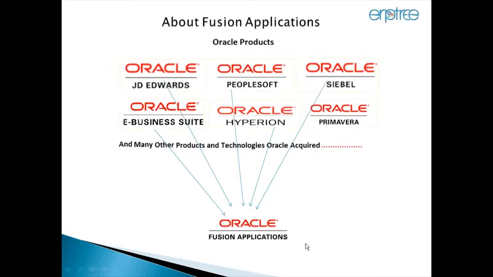That means Fusion applications are a legacy of many ERP products, and by taking the best practices and best areas of solutions available, they built the ultimate application called Fusion applications. So this is what we have to understand, the meaning of Fusion applications. Any questions here, please?